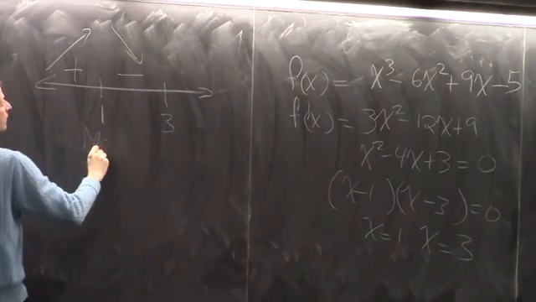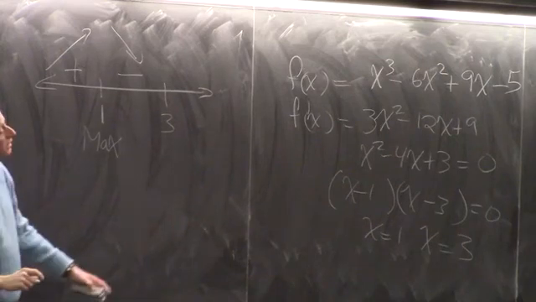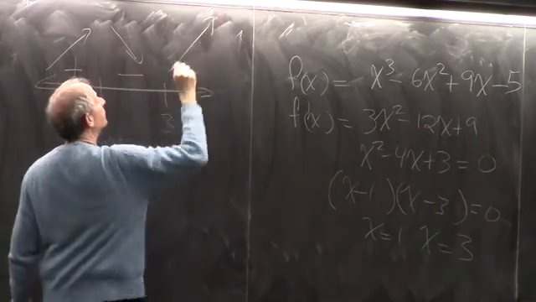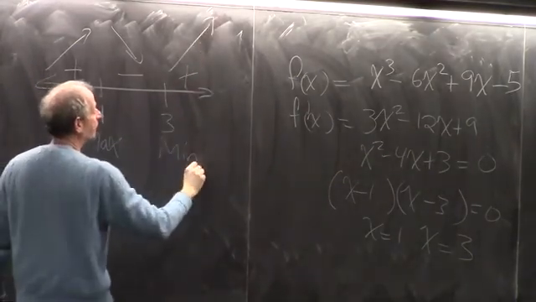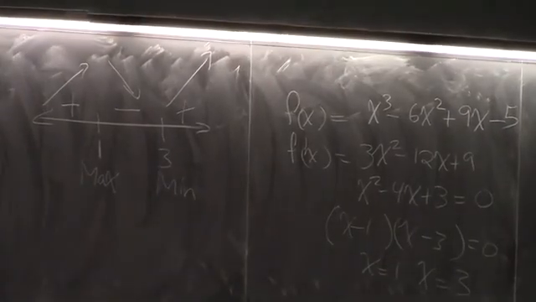So this is where the maximum is. Now you pick a number greater than 3, like 4. Then you plug it in, and you get 3 times 1 is a positive number. The graph is going up again. So that's the minimum. So you have a maximum at x equals 1 and a minimum at x equals 3. Now you just need the y-coordinate.